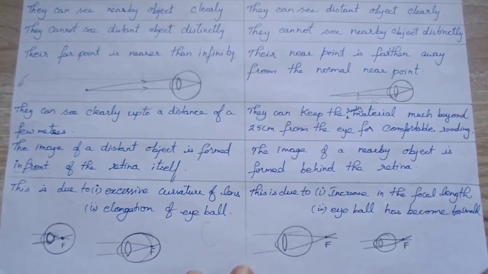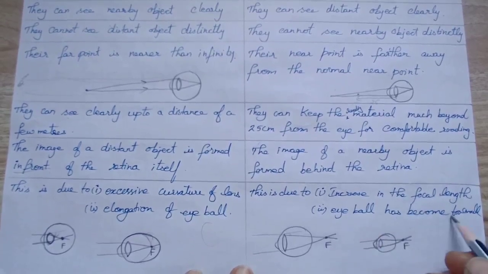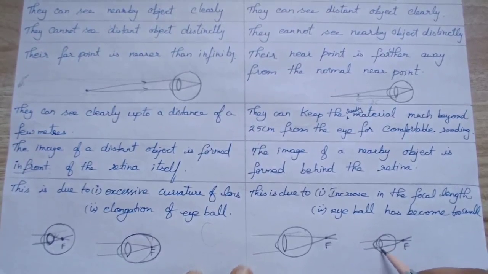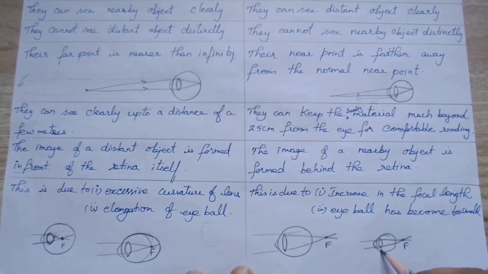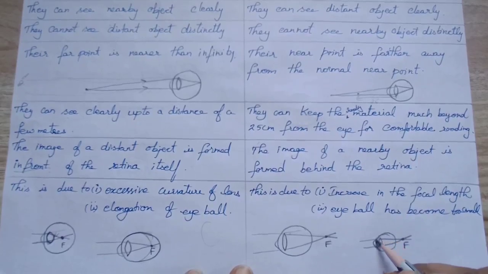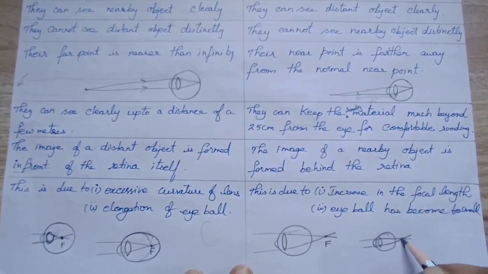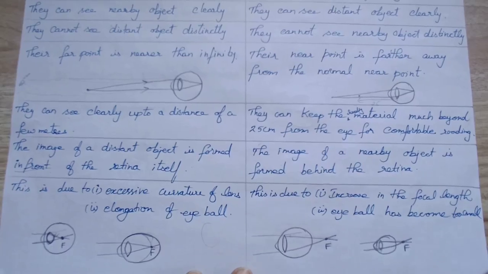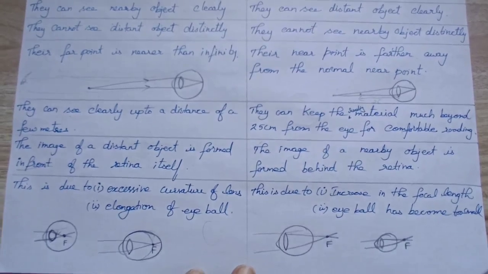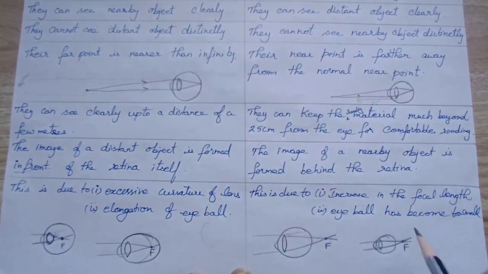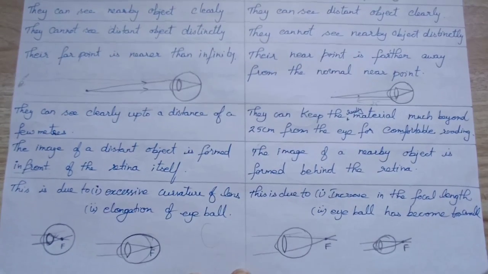Or the eyeball has become too small. The lens has the correct converging power, but because of the small size of the eyeball, your focus point falls behind the retina, so your image also falls behind the retina. These are the two reasons you are getting hypermetropia.